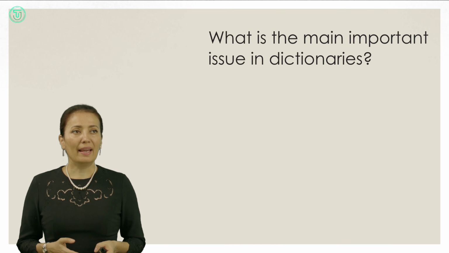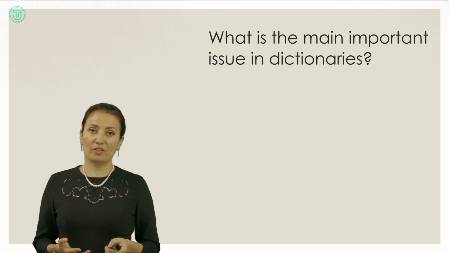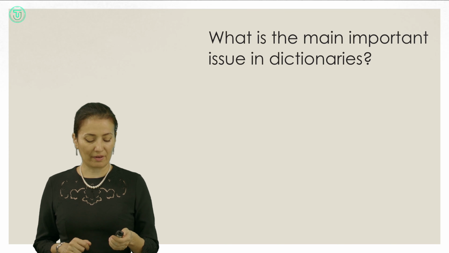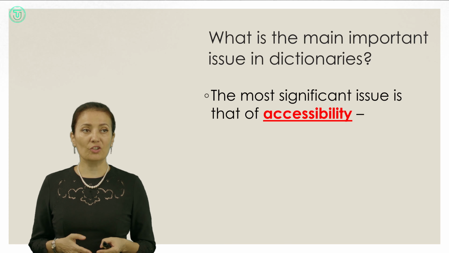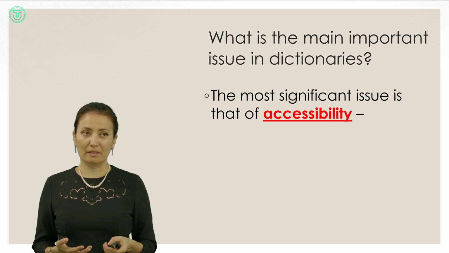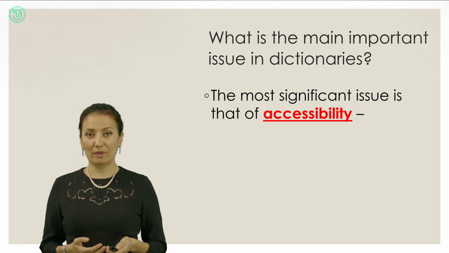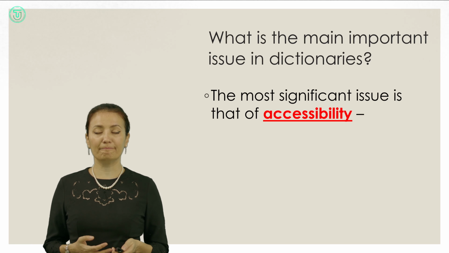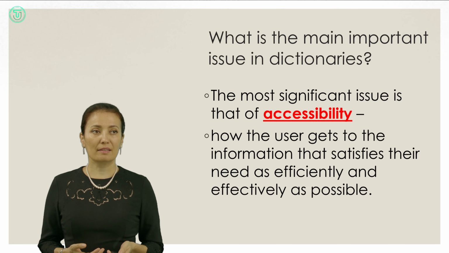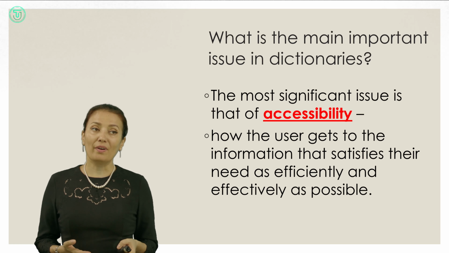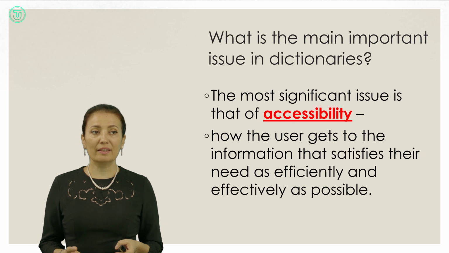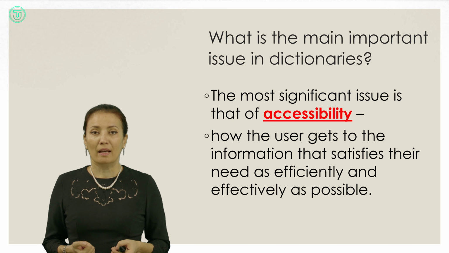What are the main important issues in the dictionary compiling process in the modern era? First of all, the most significant issue is accessibility: how accessible modern dictionaries are, and how the user gets to the information that satisfies their needs as efficiently and effectively as possible.